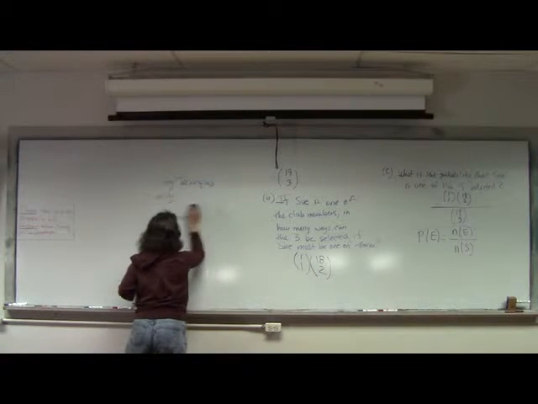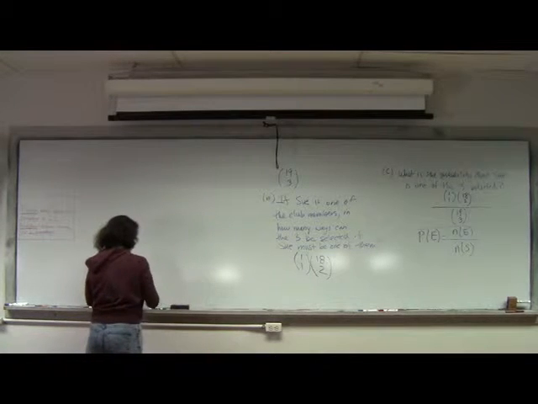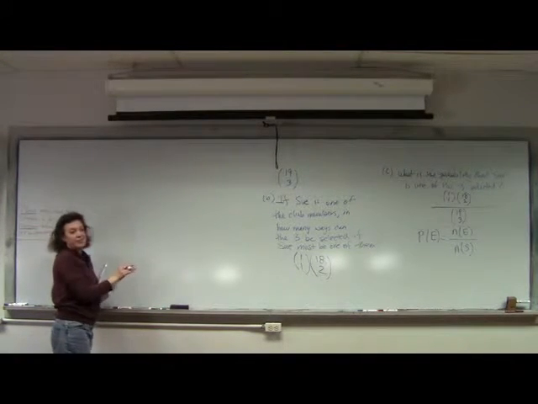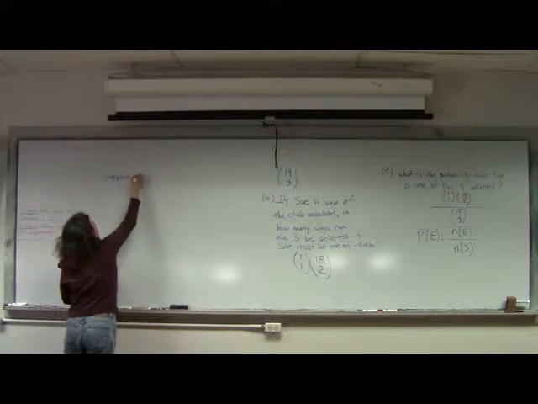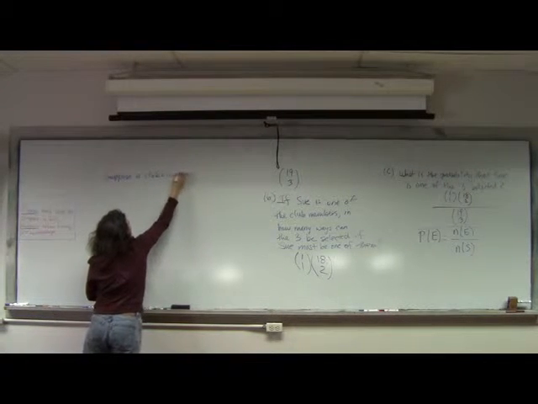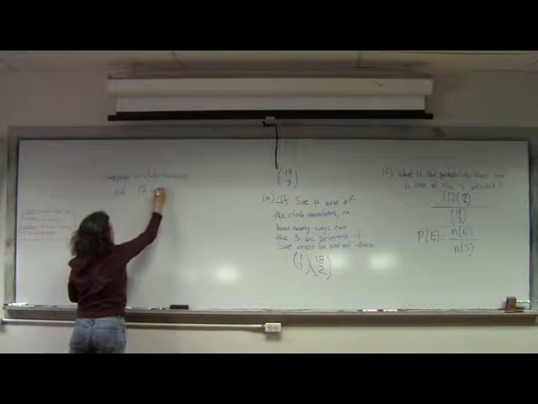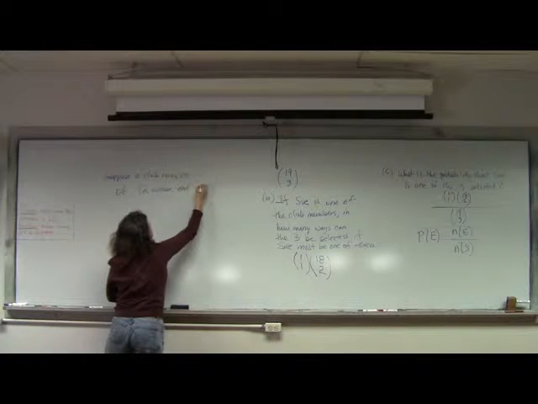All right, so how about this? Let's be boring and let's just say we have some club again, okay? So let's suppose a club consists of, I don't know, how about 12 women and 7 men.